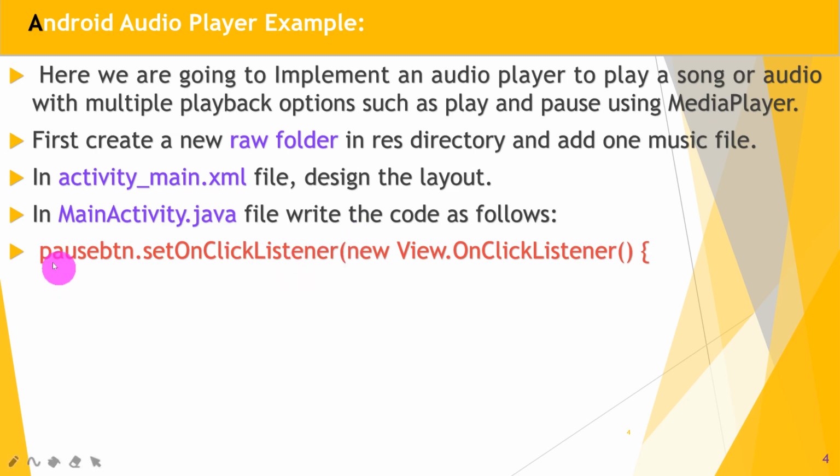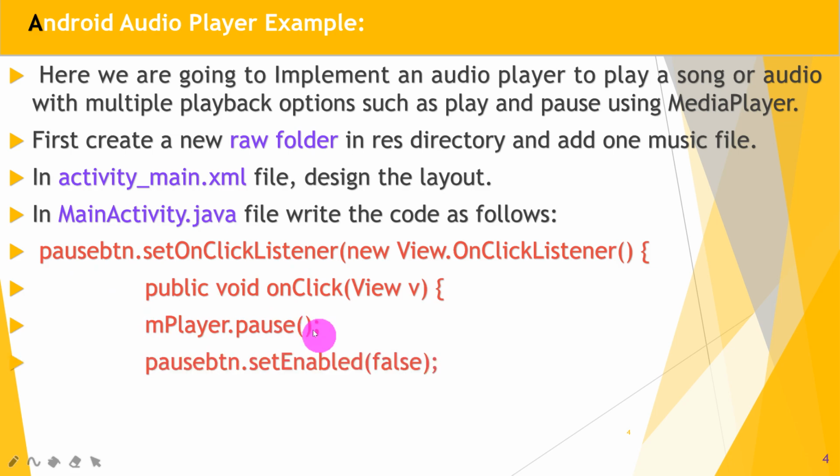So, pauseButton.setOnClickListener. When you click on the pause button, what action will we take? First, mPlayer, the object of the MediaPlayer class, using the dot pause method you can pause your song. pauseButton.setEnabled(false), that is, it is not enabled now, it is disabled. Then playButton.setEnabled(true), that is, the play button is now on, and we can start our song again.